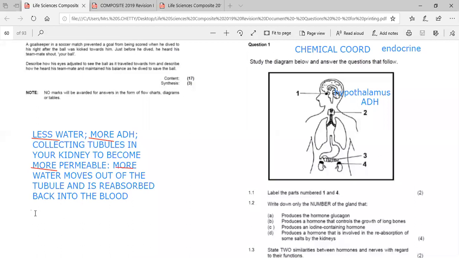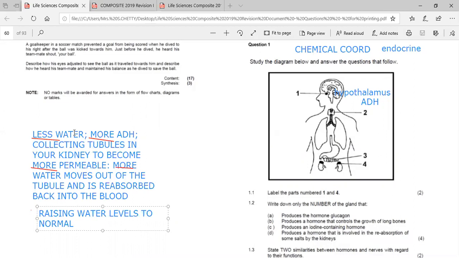Have you thought about it? And it is reabsorbed back into the blood, raising the water levels to normal. That's how you remember what happens in the negative feedback mechanism when there's less water.